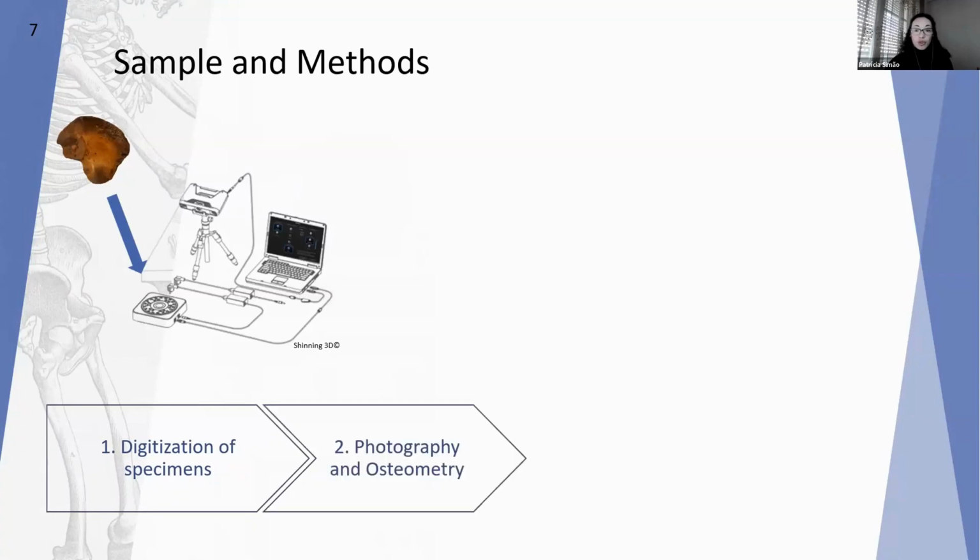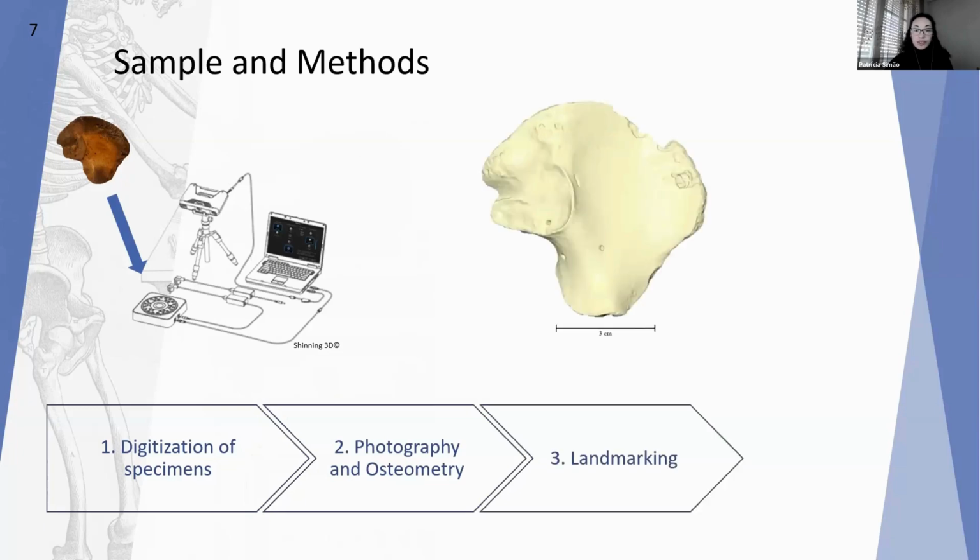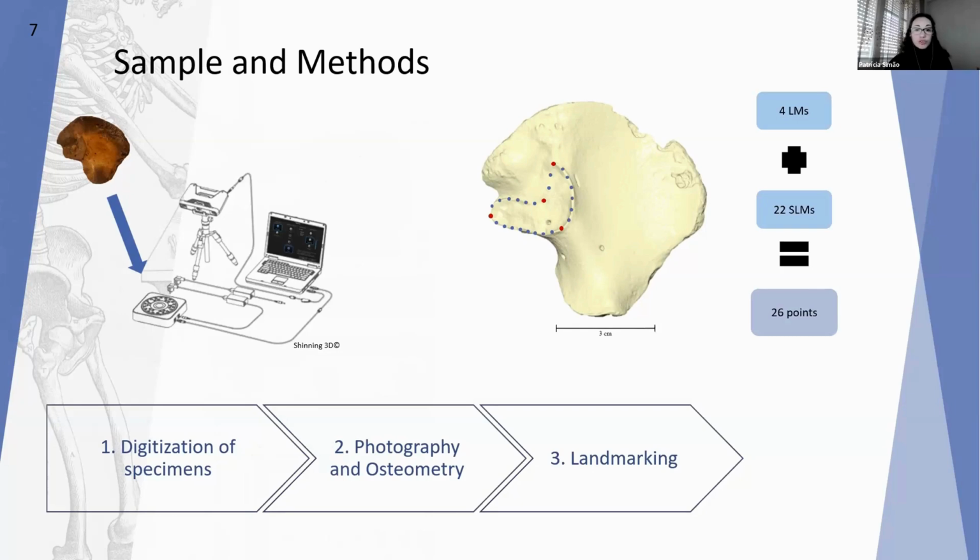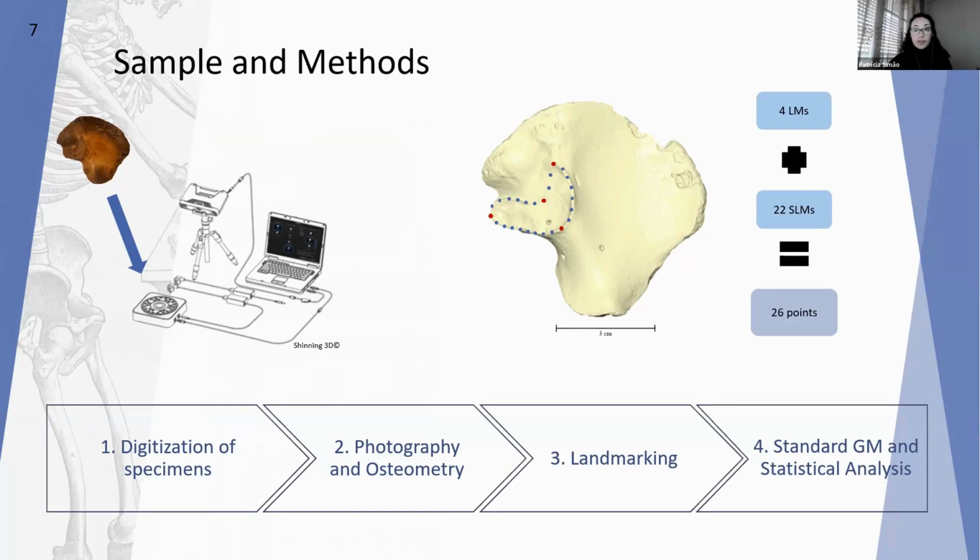Each specimen was also photographed and the maximum ilium length was recorded. Afterwards, 4 landmarks were manually placed at homologous points across all specimens, and 22 semi-landmarks were positioned along the auricular surface outline. The R package geomorph was then used for standard geometric morphometrics and subsequent statistical analysis.